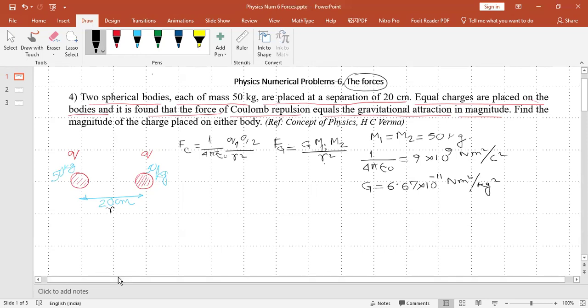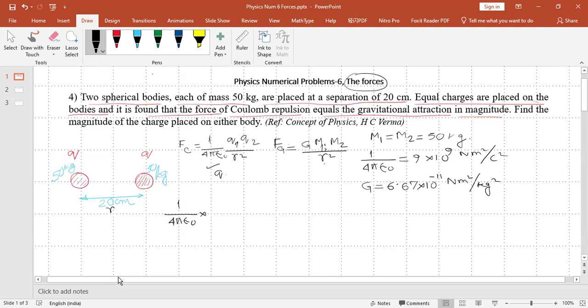So what do you find? The Coulomb force is 1 upon 4 pi epsilon 0 into Q1 and Q2.